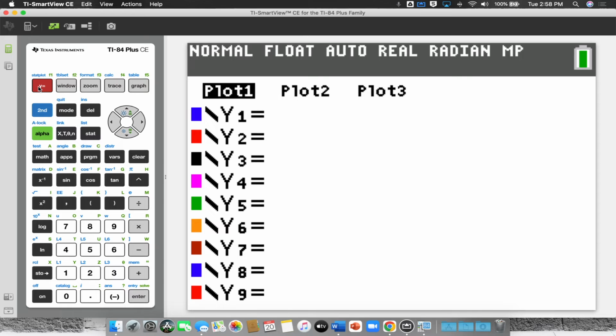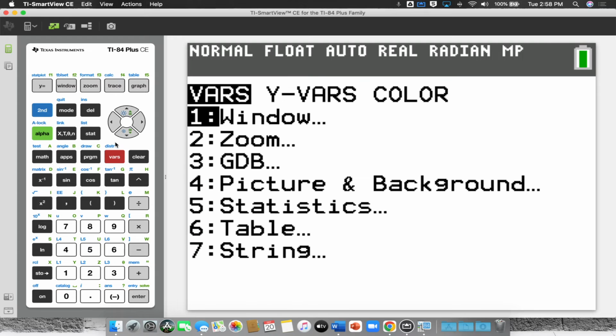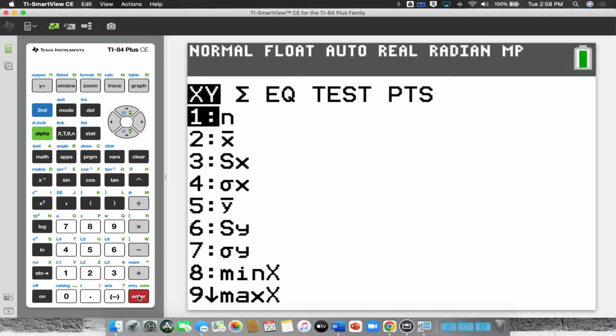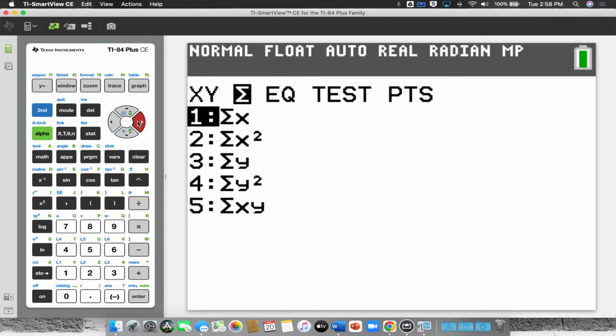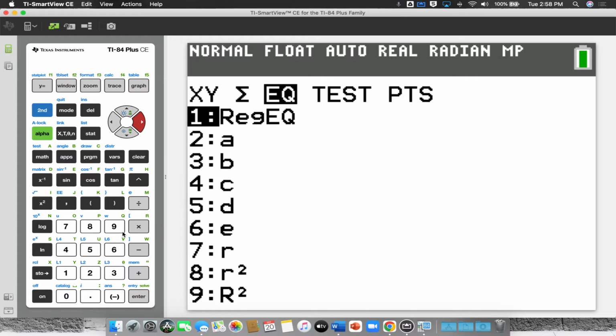Okay. We need to go find that equation again. I erased it. So we need to go find that equation again. So we're going to do the same thing we just did. We're going to go to vars, statistics, EQ, number 1, regression equation.